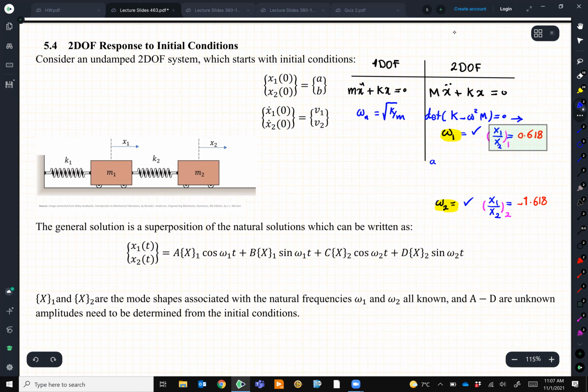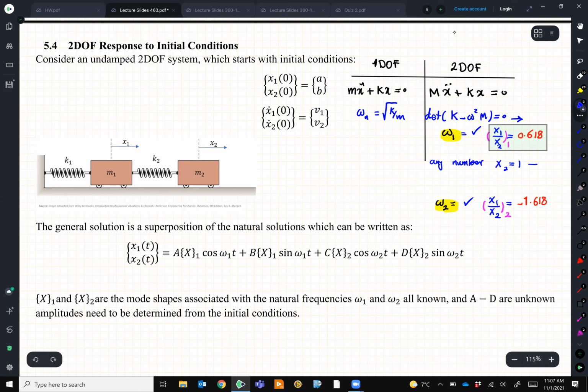So any number. I set x2 equal to 1. 1 is easier. It can be 2, it can be 10, it can be even negative numbers, whatever you wish. It can be 0.5, any number.